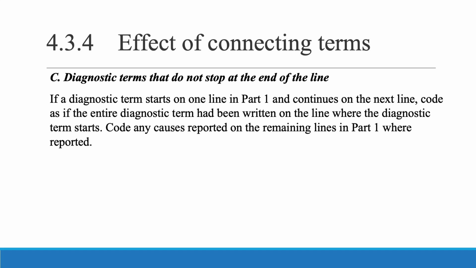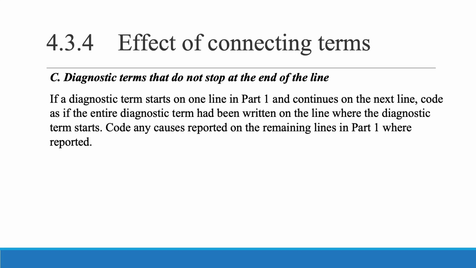So it says on this slide, and if you're following along in volume 2, it's taken right from volume 2, at subsection 4.3.4, effective connecting terms, letter C, diagnostic terms that do not stop at the end of the line. If a diagnostic term or cause of death starts on one line in part 1 and continues on the next line, code as if the entire diagnostic term had been written on the line where the diagnostic term starts.